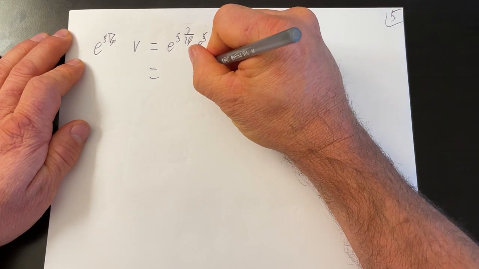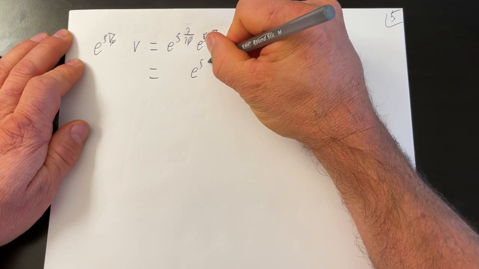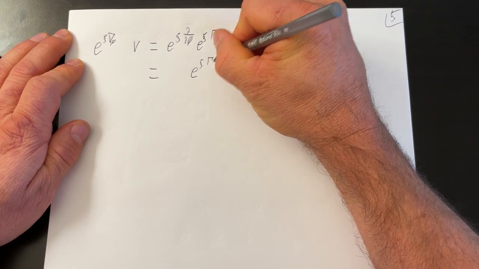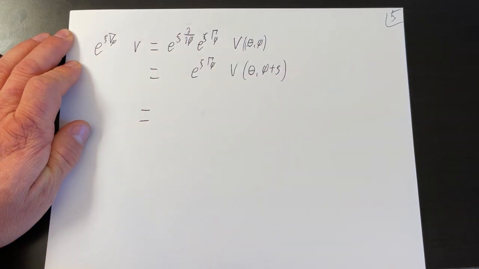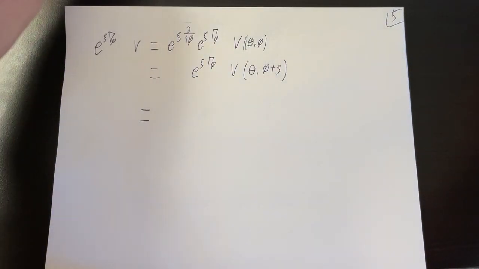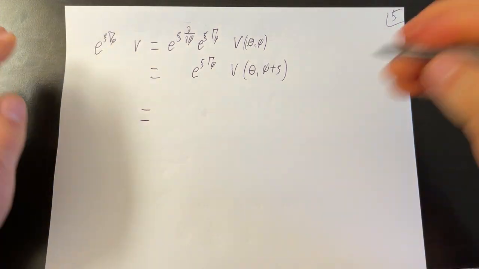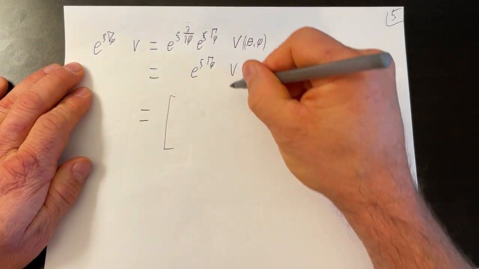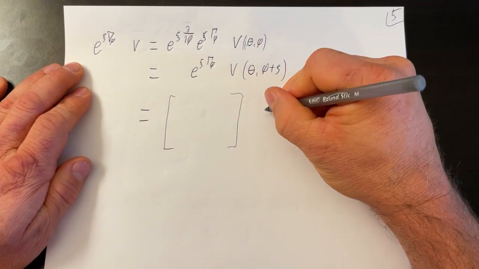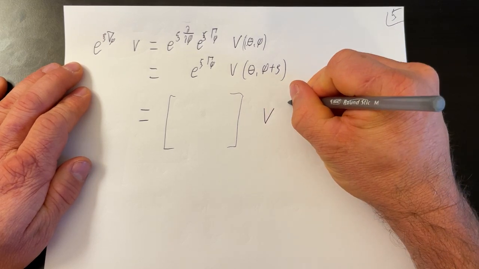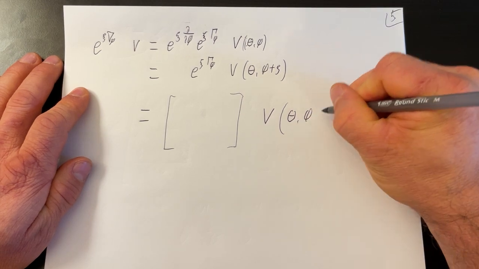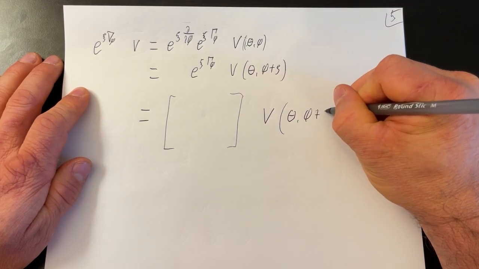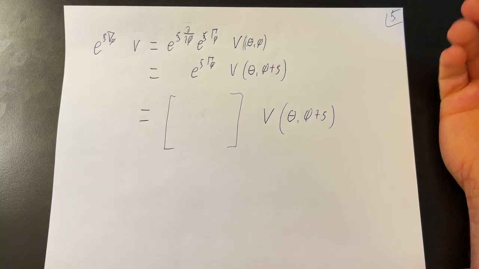But we have not yet applied e to the xi gamma. That is a matrix that we just calculated. It is a matrix acting on the components of V at this point. Okay.